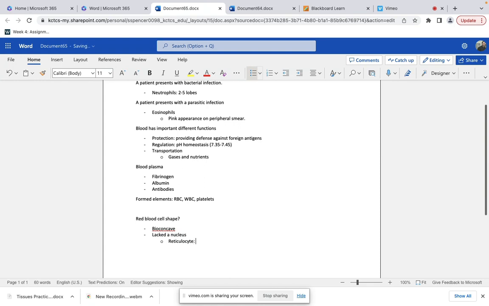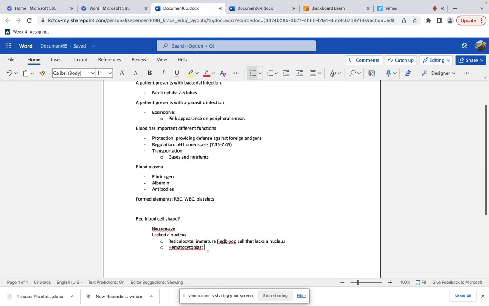So reticulocyte is an immature red blood cell that lacks a nucleus. There's one right before that. That's called a hematoblast, hematocytoblast, something along the lines of that. But essentially, the reticulocyte is the immature red blood cell where it actually lacks the nucleus.